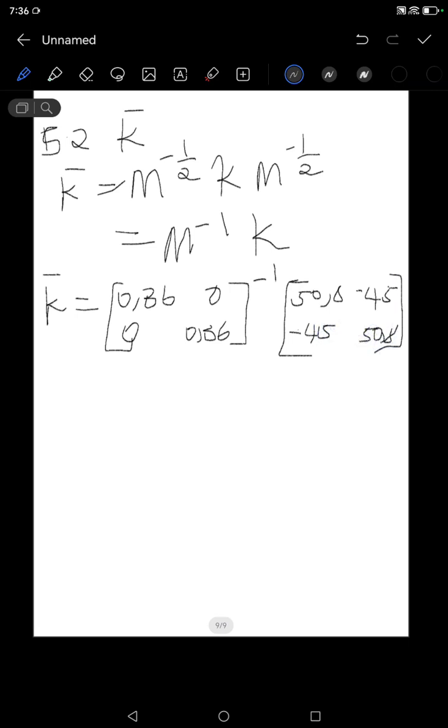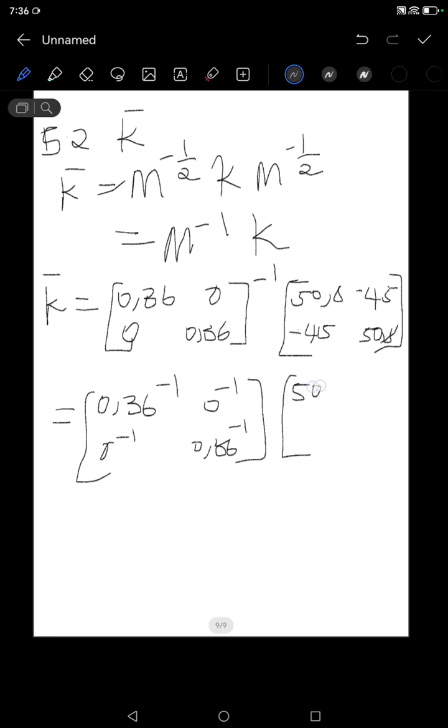After here we're going to have 0.36 to the power of negative 1, 0 to the power of negative 1, 0 to the power of negative 1, and then 0.36 to the power of negative 1. And then we have a 50.8, a negative 45, a negative 45 here, and then a 50.8.